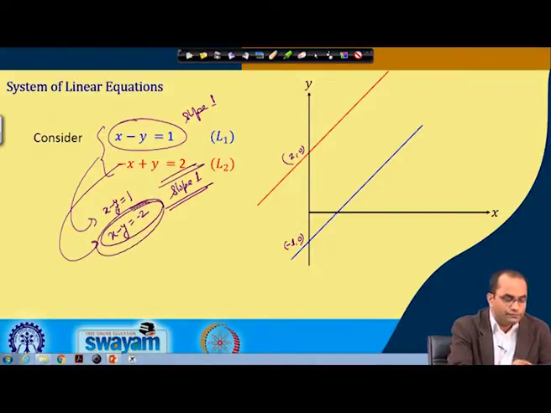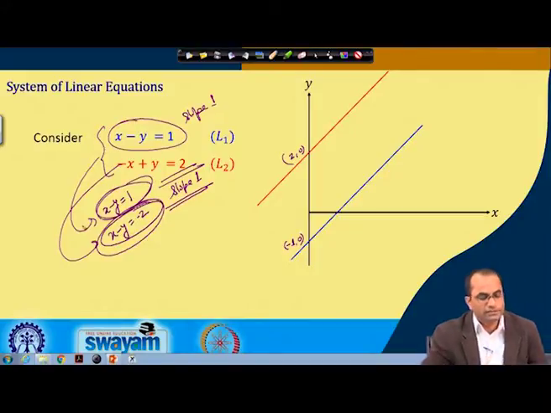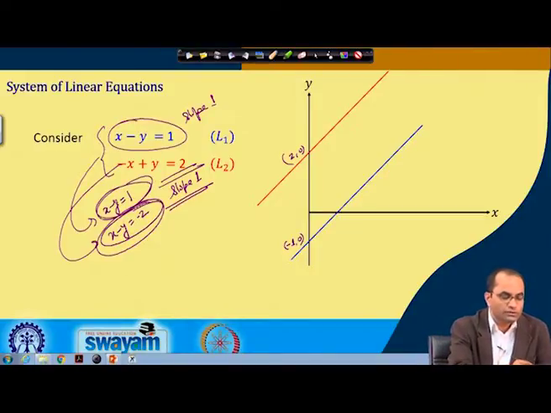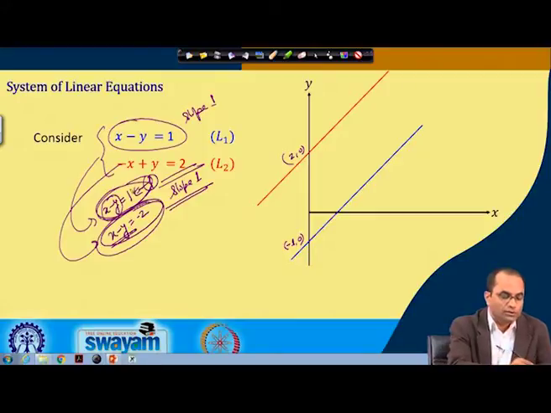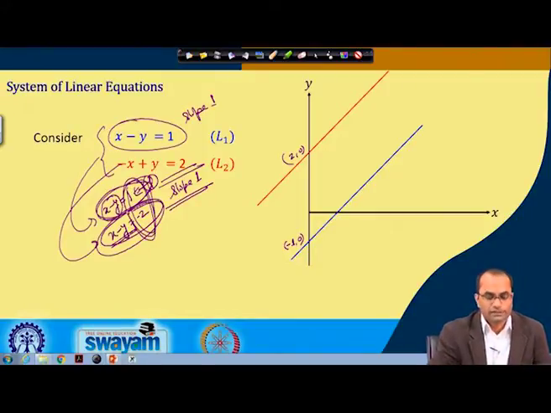So, we have these two equations, x minus y is equal to 1 and x minus y is equal to minus 2. This is not possible, because in equation number 1 we are saying that the difference of x and y will be 1, whereas in the second equation we are saying that the difference of x and y will be minus 2. So, it is not possible to have a point which satisfies both the equations.